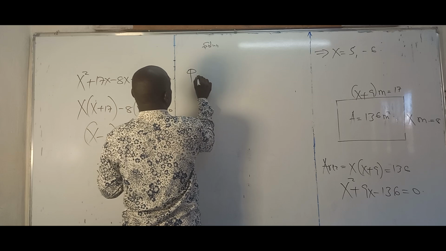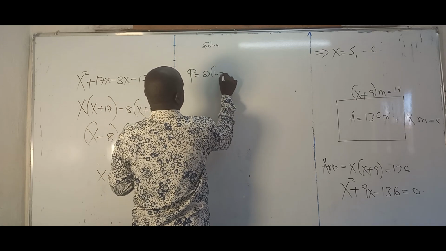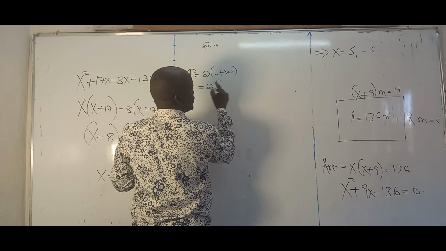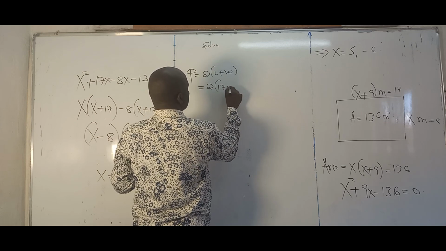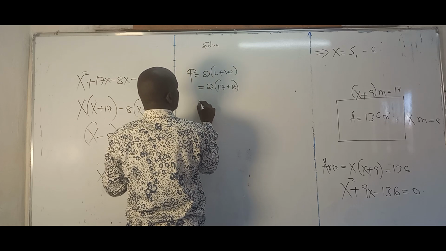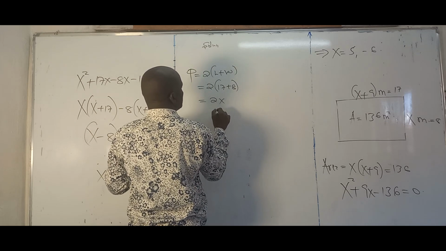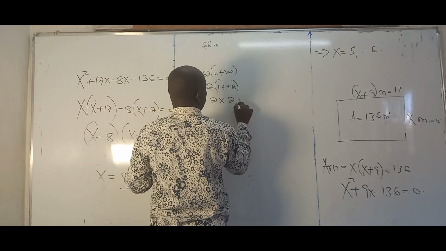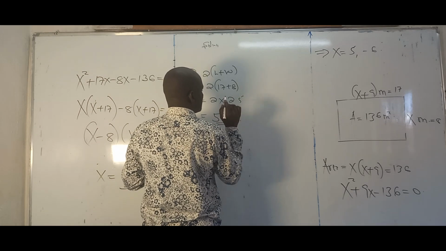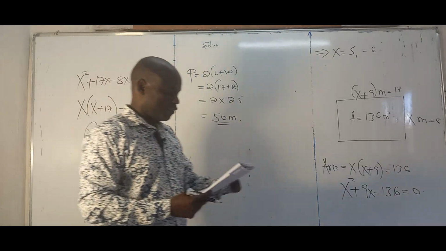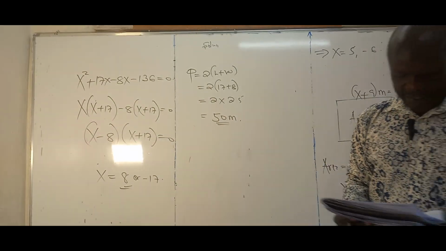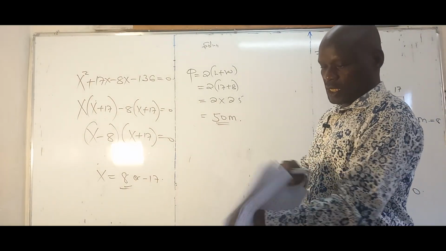So perimeter will be 2 into 17 plus 8, which gives 2 times 25, and that is 50 meters. So if we are asked to find the perimeter, then our perimeter is 50 meters.